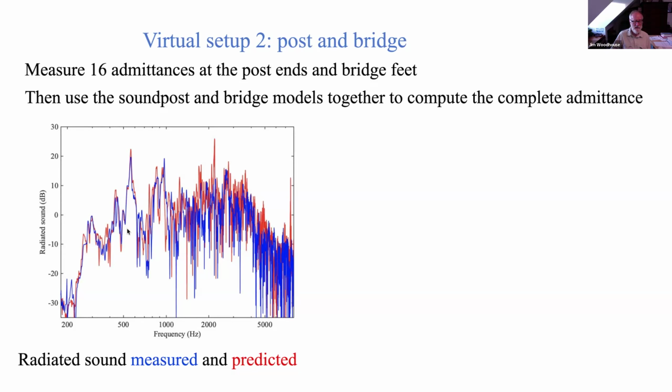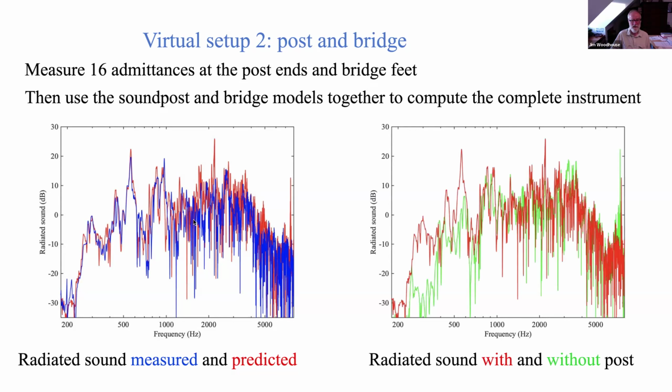Now, finally, I can reveal something that goes right back to the beginning of the talk. Having seen that this looks as if it's working quite well for this virtual fitting in the computer, there is no problem in predicting the same sound radiation effect from having no post there. In the computer, nothing collapses from the force of the strings, because I'm only using measurements that haven't got the bridge and the strings and the post.